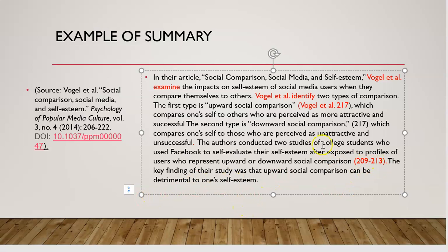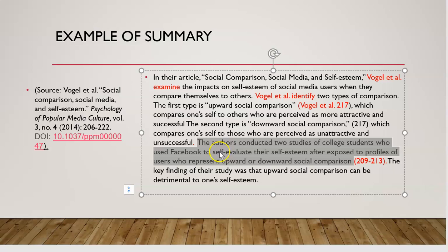So you want to make sure that you're including citations, using signal phrases. In this case, I used a page range. So in this sentence, I was summing up or paraphrasing the information from multiple pages and just condensing that down.